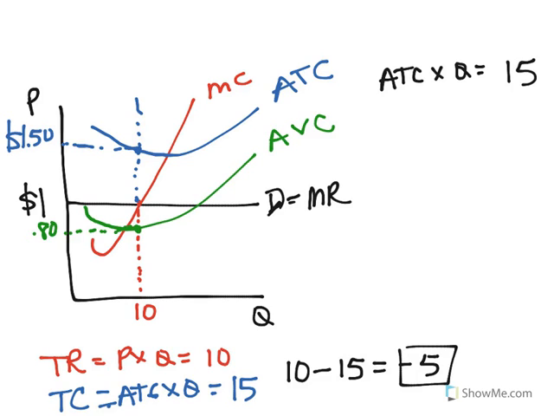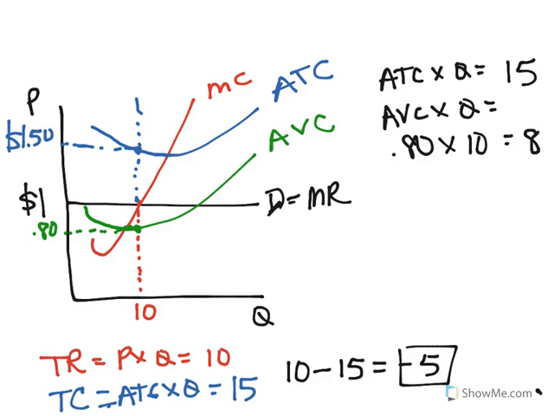And now we know for our variable costs, to calculate our total variable cost, we just take our average variable cost and multiply it by our quantity of output. And in this case, our average variable cost is 80 cents per unit. So 80 cents times 10, that's going to be $8, right?